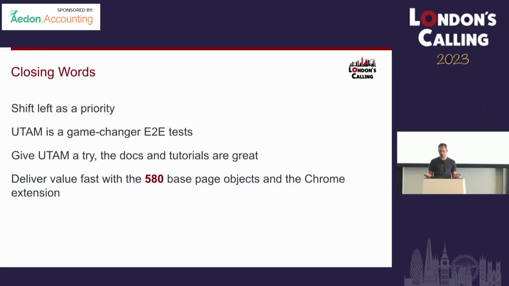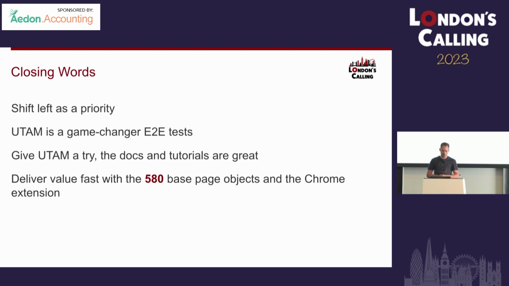We're soon going to adopt something called native Shadow DOM. If you're using UTAM, the good news is that this is going to be completely transparent, because the engineering teams are working on updating the base page object. But if you are using another end-to-end testing technology, you may need to do a bit of refactoring to adjust for the changes.